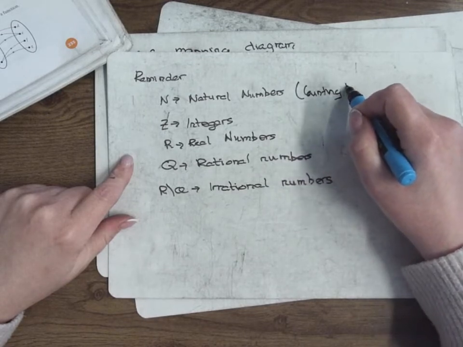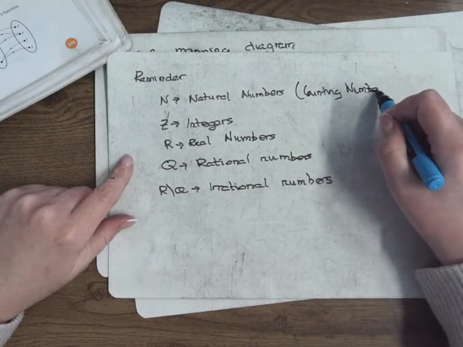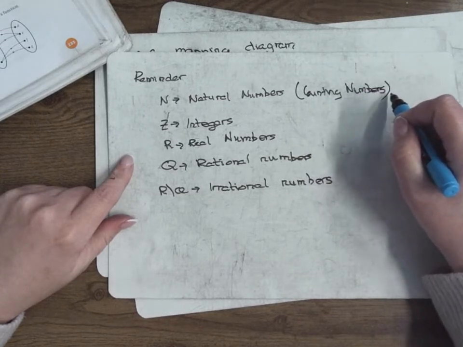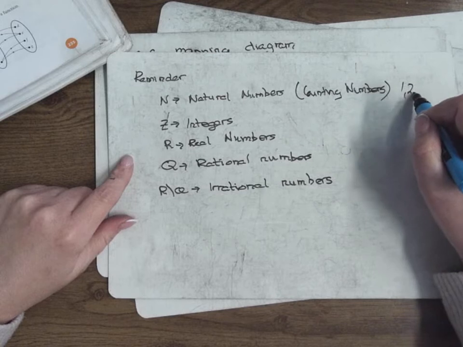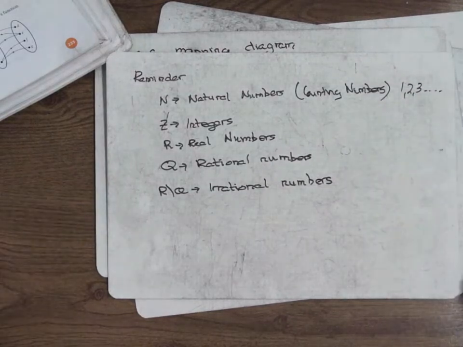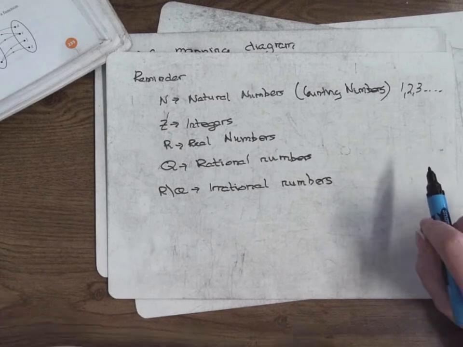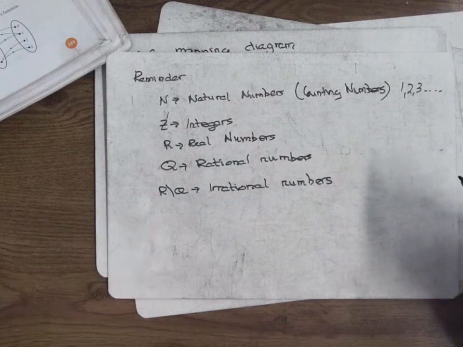They're the positive whole numbers, so it's starting at 1, 2, 3, all the way up. No negative numbers. 0 is not a natural number, right? Because when you're counting, you don't start at 0, you start at 1, okay? So 1, 2, 3, 4, 5, 6, 7, 8, 9, and so on.